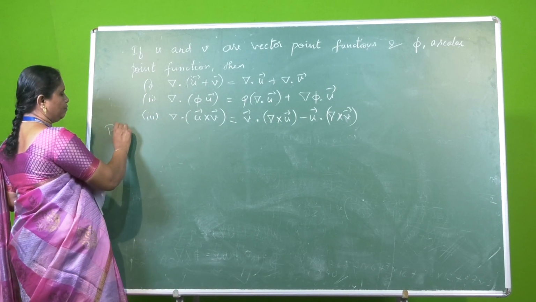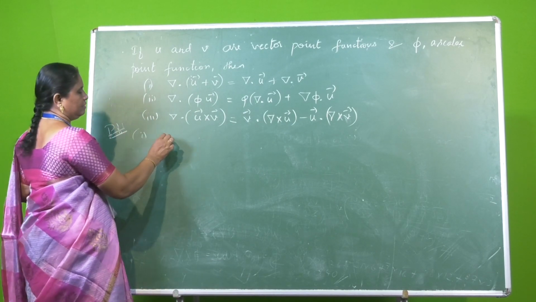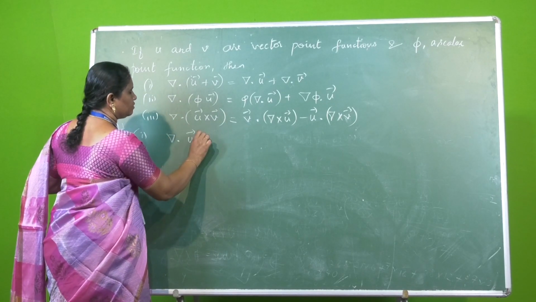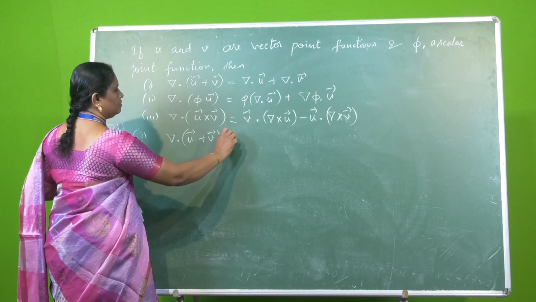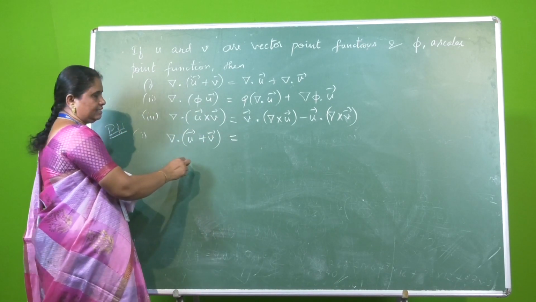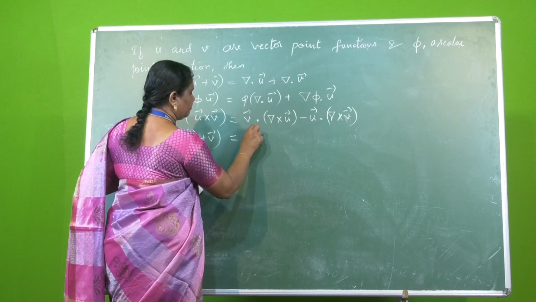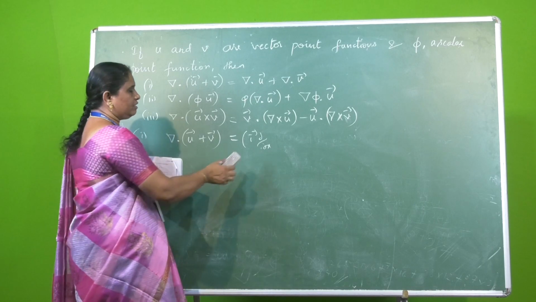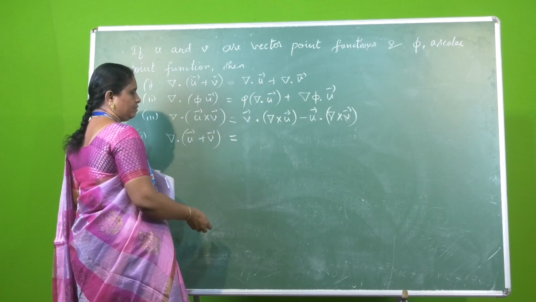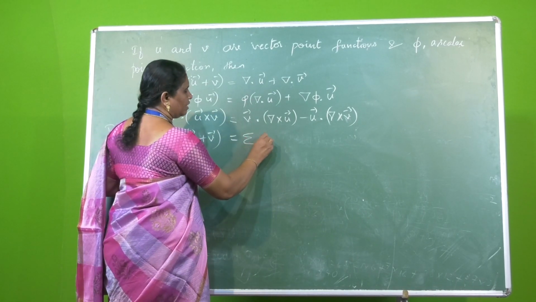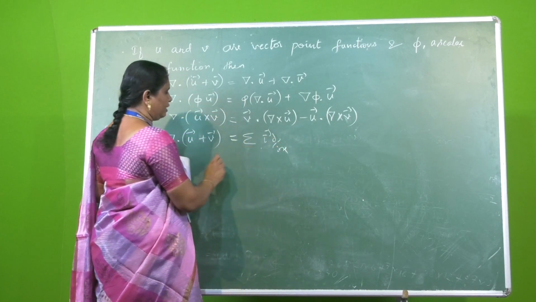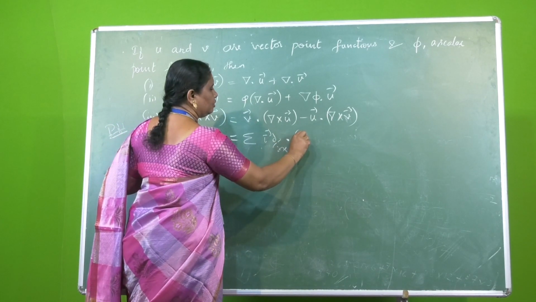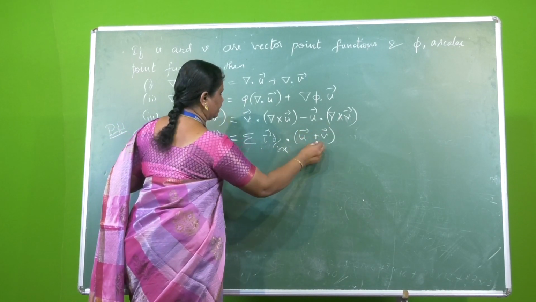So, let us see the proof of the first formula. Del dot u vector plus v vector. Instead of del we can write i vector dou by dou x, or we can use the short form summation. So we can use summation i vector dou by dou x instead of del, dot u vector plus v vector.